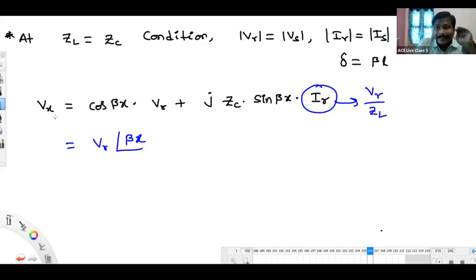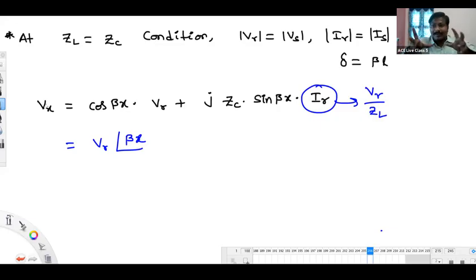At point x, the voltage magnitude and the receiving end voltage magnitude are both equal. Currents are also equal. My interest is to tell you that throughout the length of the line, if I measure the RMS voltage magnitude, that will be the same, as well as the RMS current magnitude throughout the length of the transmission line.